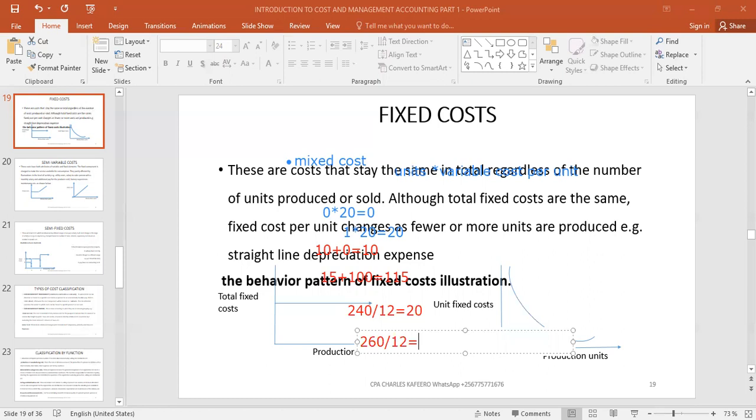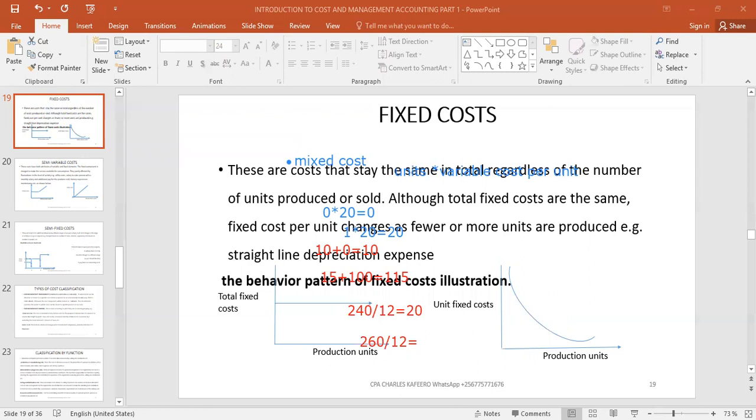Then the other thing, for the fixed costs, that's why we said we have to put a relevant range, because when the output exceeds the range, then we are supposed to incur an extra cost. That's why when you are defining the total fixed cost, you have to say that these are the costs which do not change with the level of output within a relevant range.